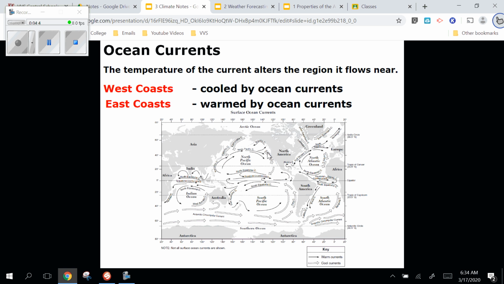And because of that, if you're on the west coast of a continent, the water is going to be flowing toward the equator, which means it will have come from a higher latitude, so it's already colder to start with. Whereas if you're on the east coast, the water is going to be flowing away from the equator, so it's going to have been warmed already. And so you're going to have a warm current. And it's just the opposite in the southern hemisphere.